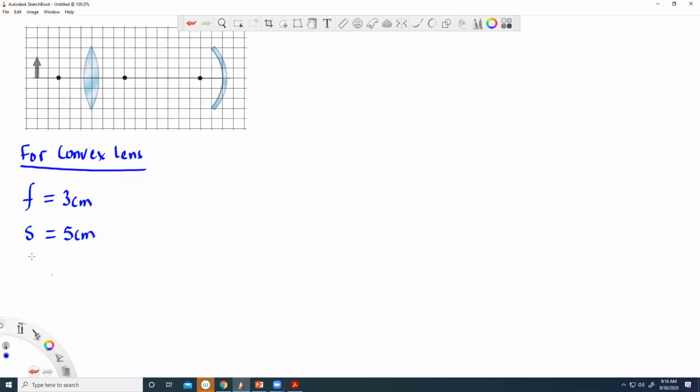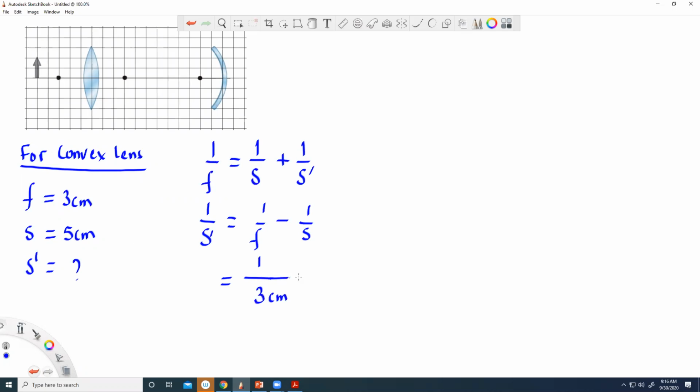So you can find the image distance S prime by using the formula 1 over F is equal to 1 over S plus 1 over S prime. So 1 over S prime is 1 over F minus 1 over S. 1 over F is 1 over 3 centimeters minus 1 over S. 1 over S is 1 over 5 centimeters.